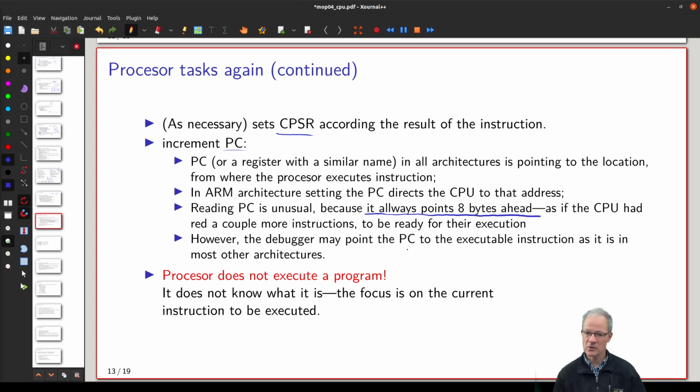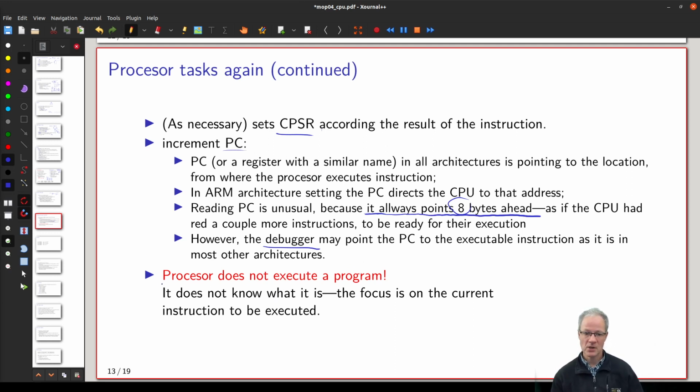However, the debugger may actually show you as if the PC points to the next instruction. So this is a little bit misleading, but it's useful for practical purposes, right? But if you are reading the PC directly and using its value in calculations, you have to know that it's 8 bytes ahead. It's not just the next instruction. Fun fact like that.